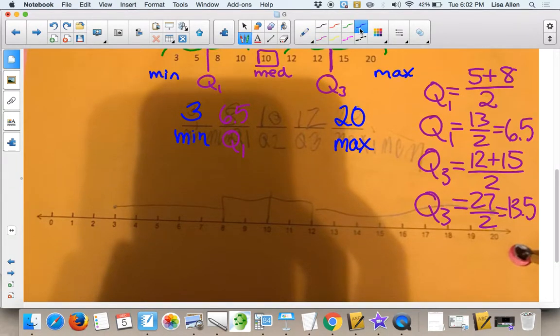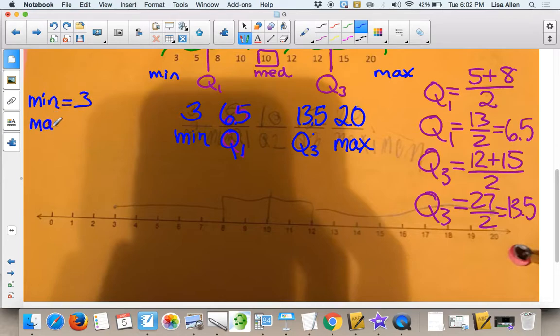So it looks like we have our quartile 1 is 6.5, and our quartile 3 is 13.5. So with that, you need to find your 5-number summary. So I'm just going to do a list. Your min is 3.